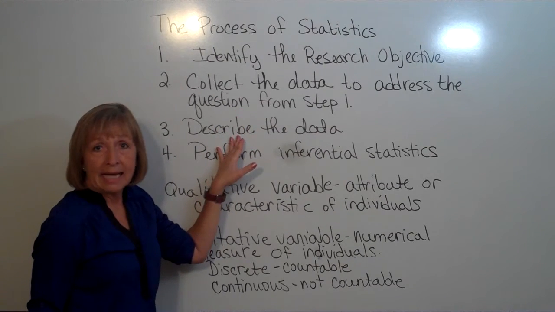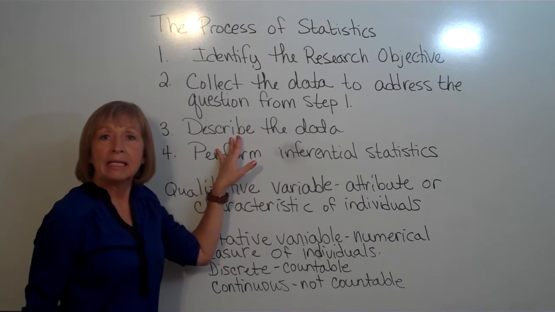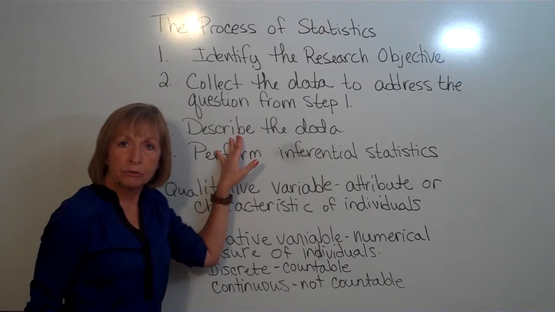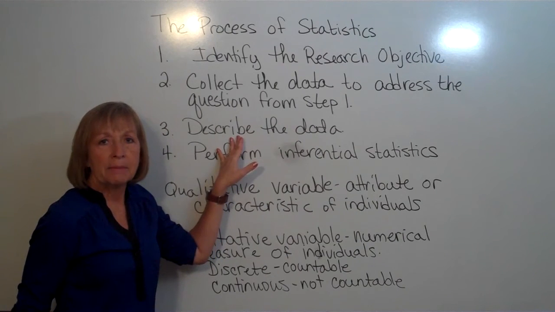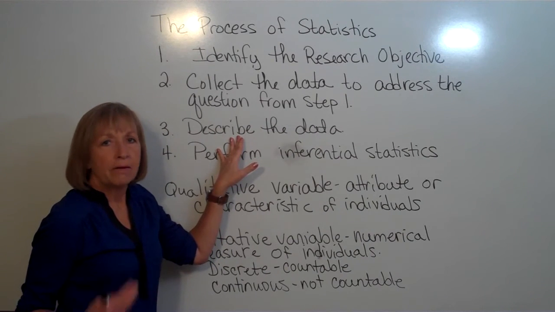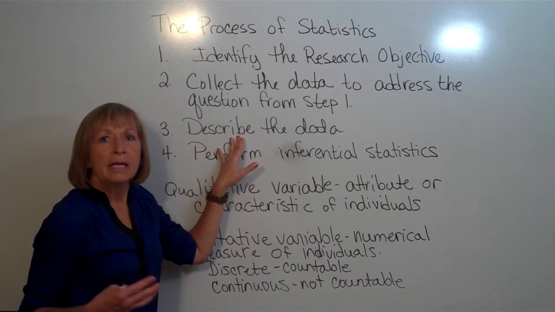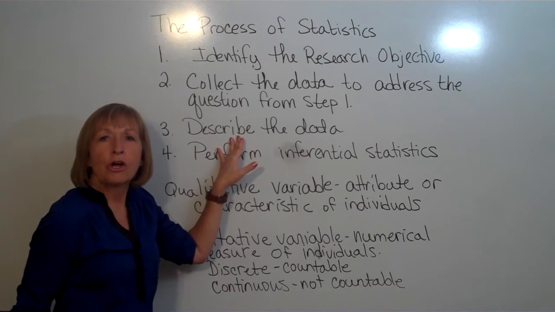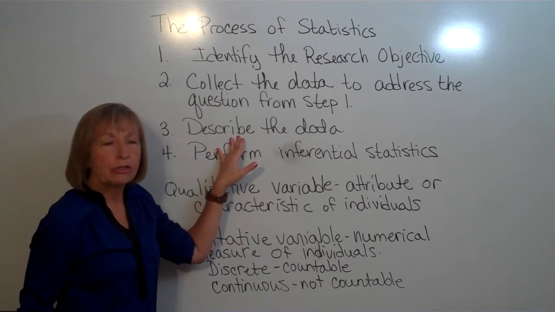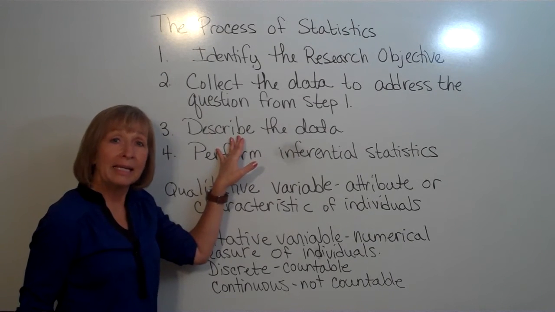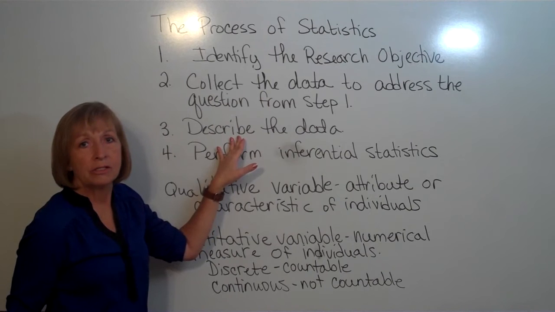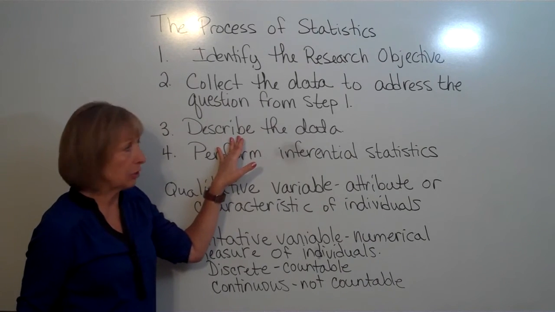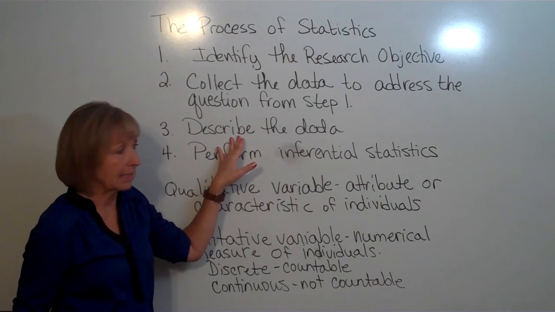Now, describe the data. Describe the data means that we're going to do a part of our descriptive statistics, whether it's make a table, a stem and leaf diagram, a frequency histogram, any of those sorts of bar charts or organizational structures, so that we can get a visualization of the distribution that would help us determine what techniques we would need to use in the inferential statistics.